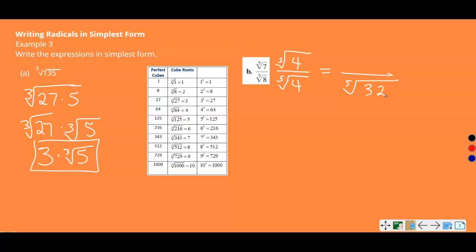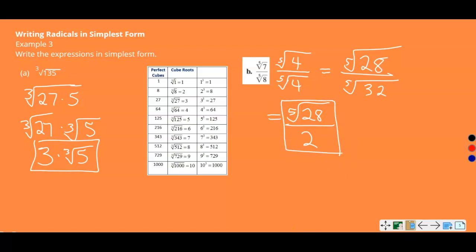So we're going to have the 5th root of 28, 7 times 4. All right, so we can rewrite that as the 5th root of 28 over, and again, the 5th root of 32 is just 2. So that's going to be simplified.